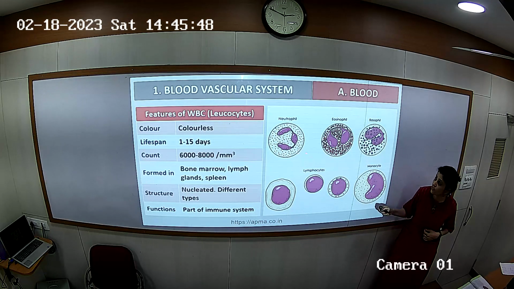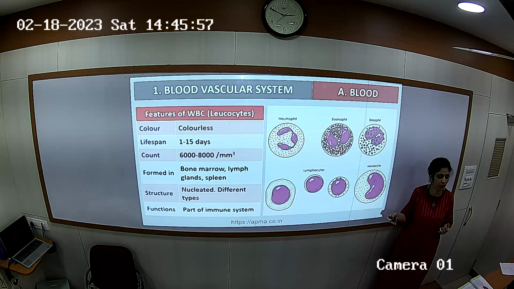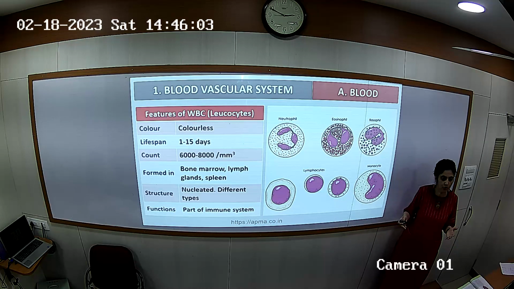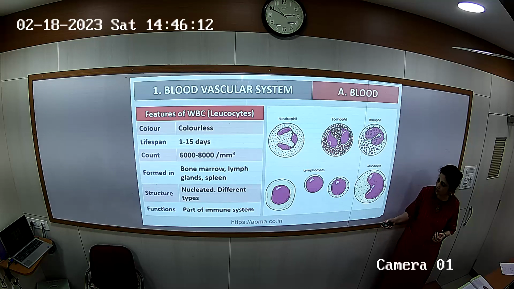Nucleus, but the nucleus is of different types. Okay. Then function, part of the immune system. The main thing is to create antibodies, to create cell-mediated immunity, to create antibody-mediated immunity. So all these are the functions of the WBCs. We will study each one function in detail. Okay, but these are the common characteristics of the WBCs.